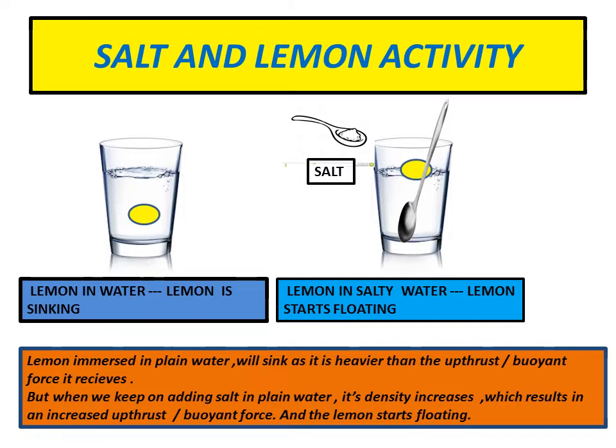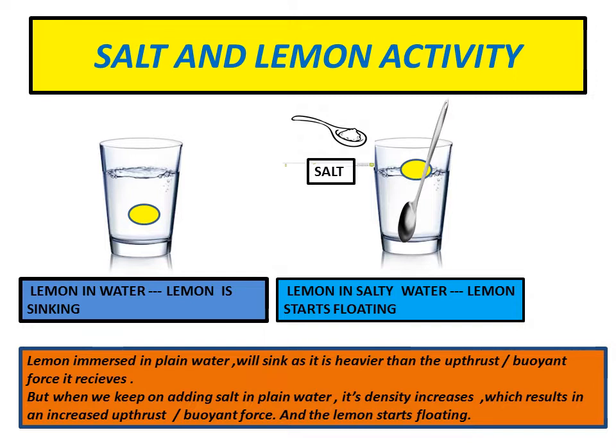In part 1, we read about density. We read about upthrust and gravitational force, and that is what applies here as well. When the lemon is immersed in plain water, it sinks as its weight is greater than the upthrust or buoyant force it receives.